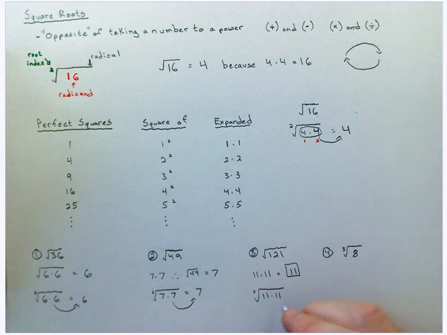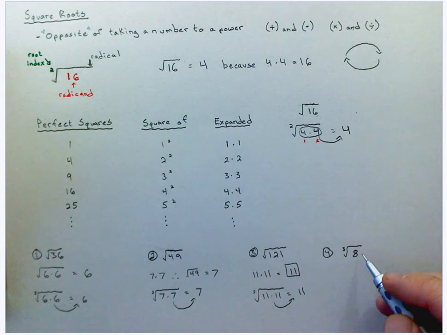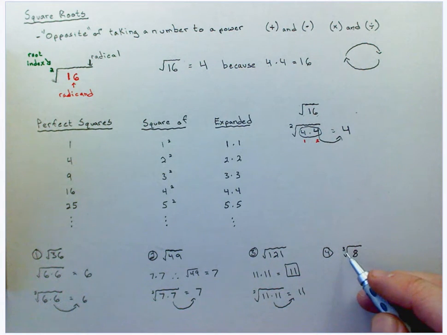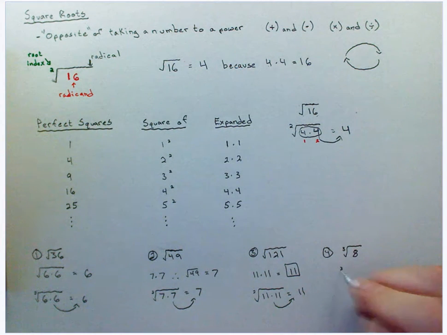I have to have 2 of the same number under there to be able to pull one out. I have 2 11s, so I'm allowed to pull one out. And for the next one, what I have here is a cube root, no longer a square root. I have to write the 3 in there. It's mandatory. This is how I view it, because we can have perfect cubes also.